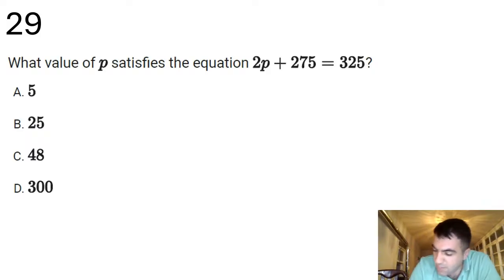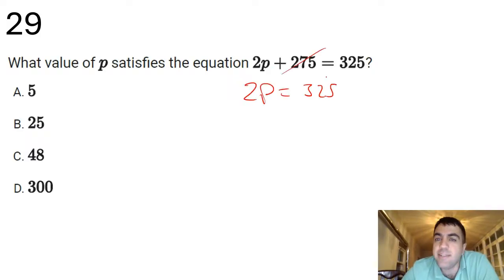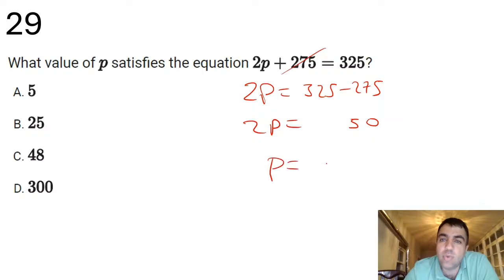Fear says it is B. This is a pretty simple question. 2P is equal to 325 minus 275. 2P is equal to 50, and we can divide both sides of the equation by 2, and we get P is equal to 25, right, guys?